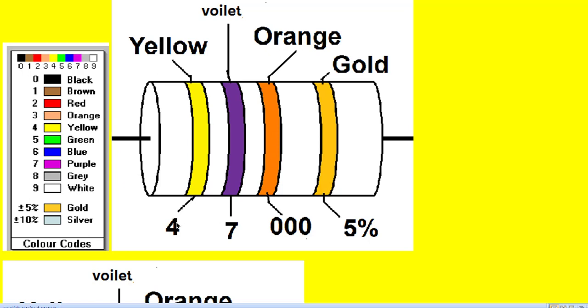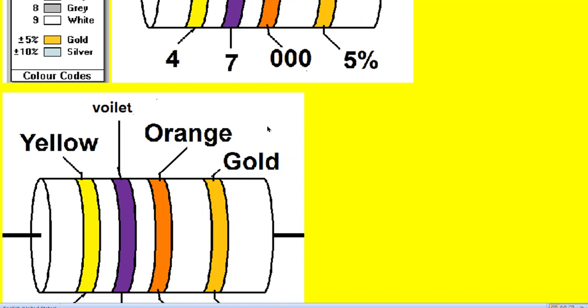So after 47 we have to put 3 zeros, or 47 times 10 cubed. Then here is the gold color. This shows the tolerance of this resistance, means the variation of the resistance. Because it is a gold band, the variation of this carbon resistance will be plus or minus 5%. That is why we have written here 5%.